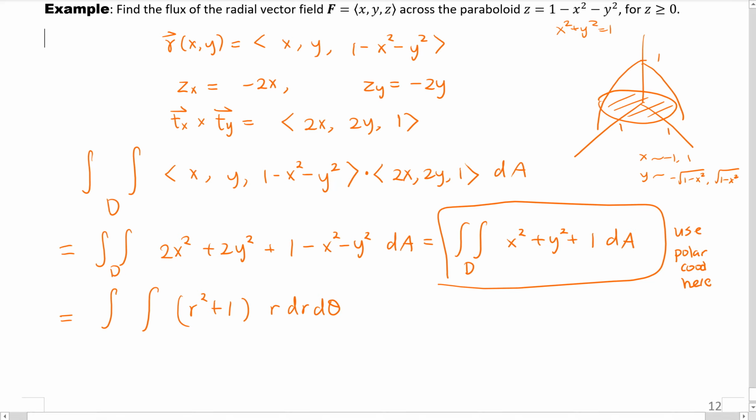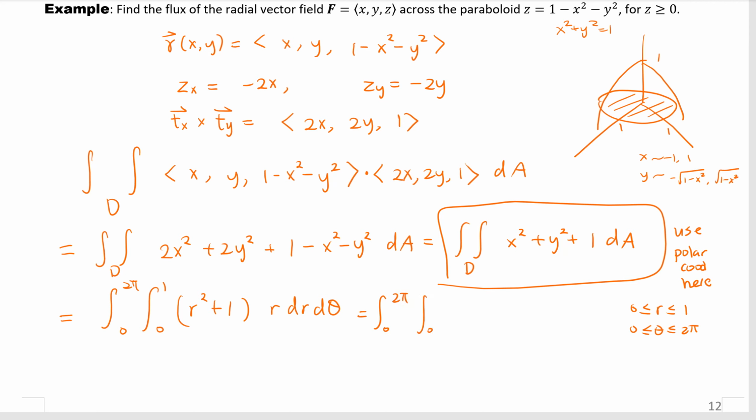And r is from 0 to 1, the unit circle. Theta is from 0 to 2 pi. Yeah, much easier, isn't it? So we distribute: r cubed plus r, dr d theta.